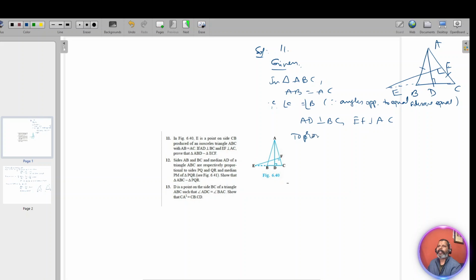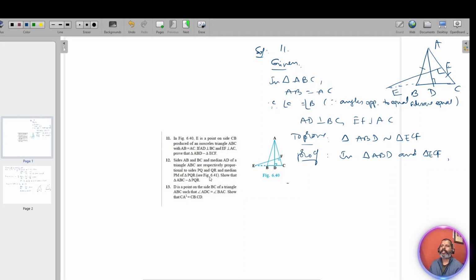To prove: just copy it from the question, triangle ABD similar to triangle ECF. Proof: in triangle ABD and triangle ECF. Even if you don't know how to solve this, if you just write this much, you get 1 mark.